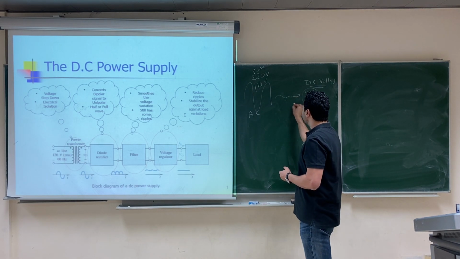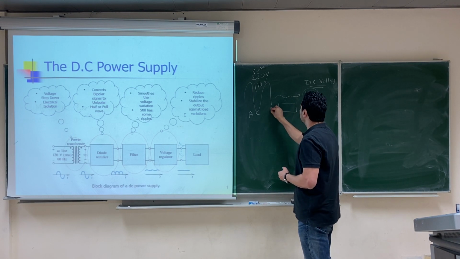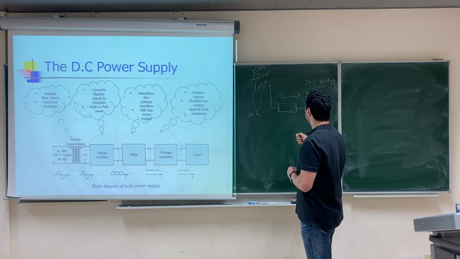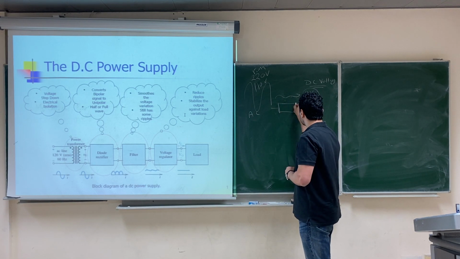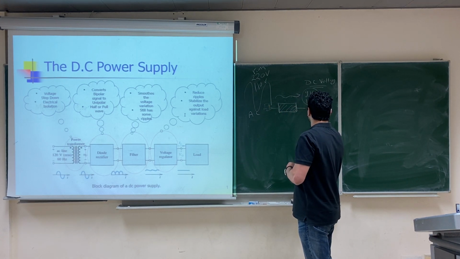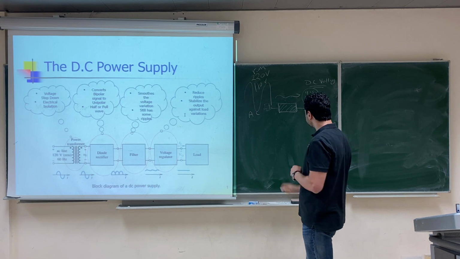This conversion happens through the adapter, or the DC voltage supply, of your computer, and usually it's a black rectangle that looks like this. You connect it to the wall here and to your computer or laptop here.